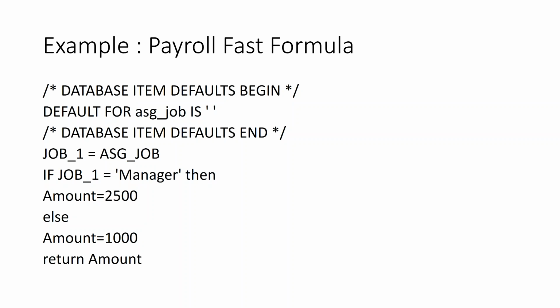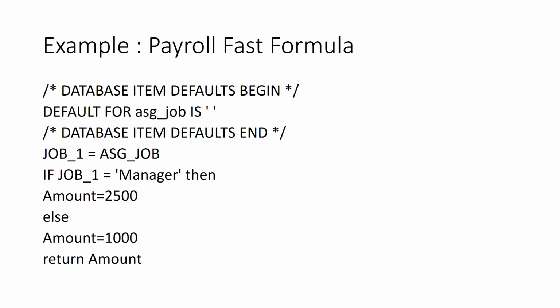If the job is manager, then it returns the basic salary as 2500. Otherwise it returns 1000. So we somehow need to fetch the employee job in the fast formula. The way we fetch the job is using database items. If you see from the top, it specifies a database item. A default for ASG_job is defaulted to a blank value.